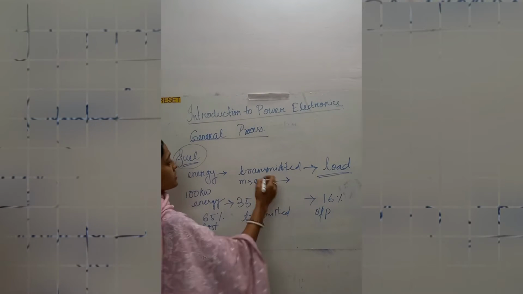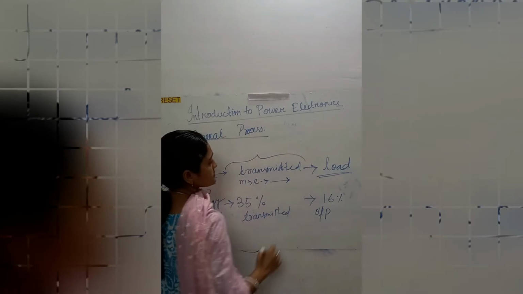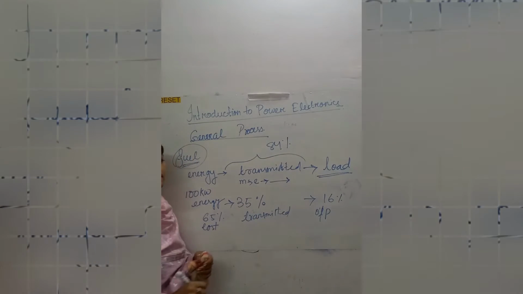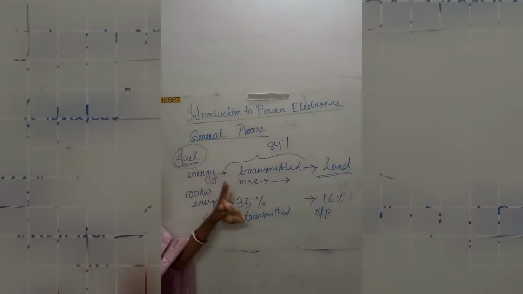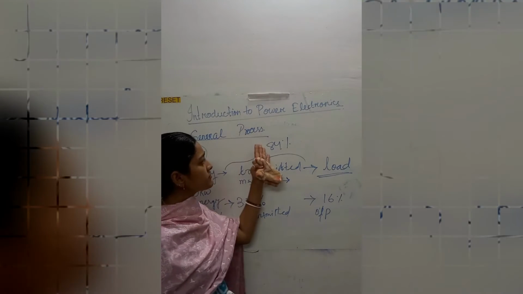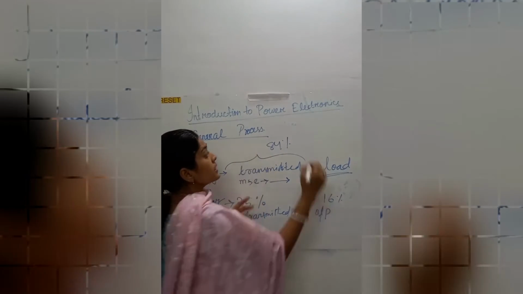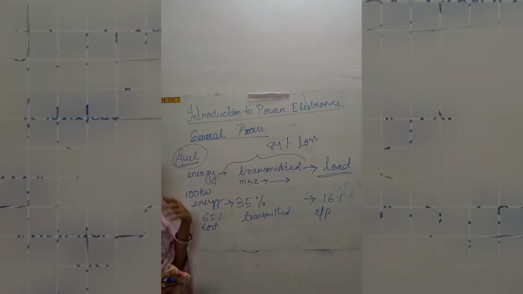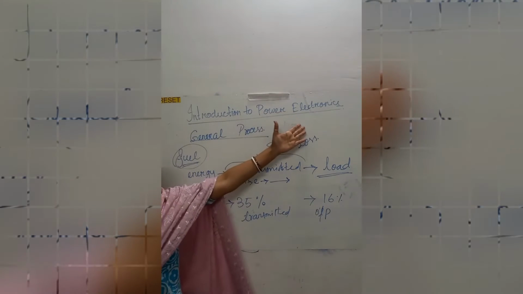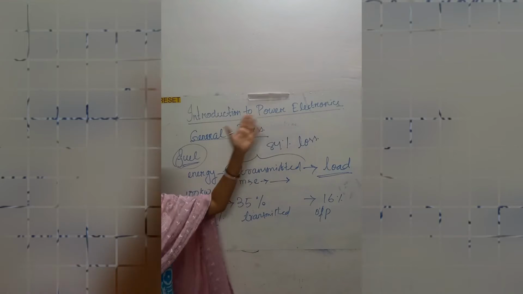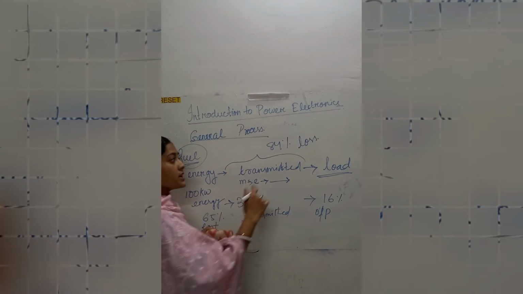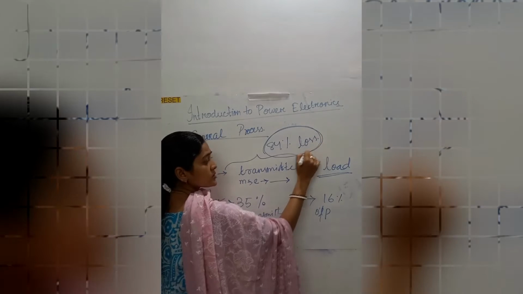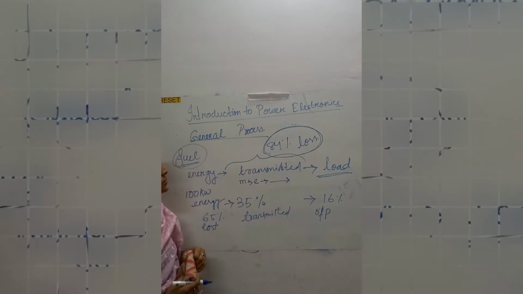That means over this transmission period, 84% of the energy from this 100% is a loss. Now the study of power electronics comes into play. We are trying to reduce this 84% loss. This is a huge loss.